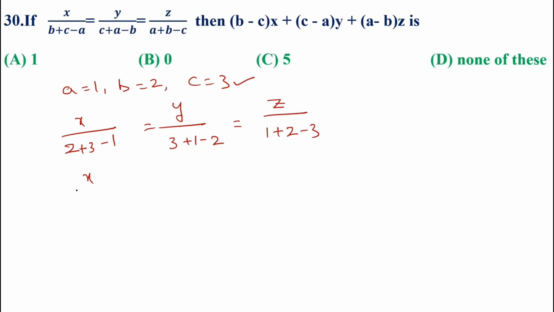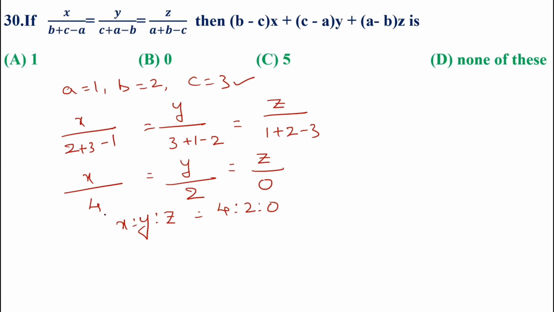This total will become x by 5 minus 1, 4, and y by 4 minus 2, 2, and z by 3 minus 3, 0. If we take x is to y is to z, then you will get 4 is to 2 is to 0. Directly we can take x value 4, y value 2, and z value 0.